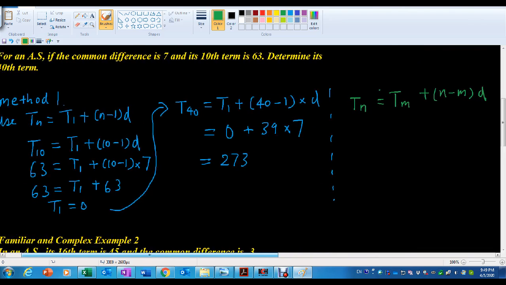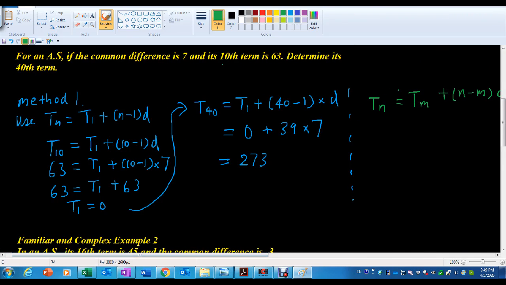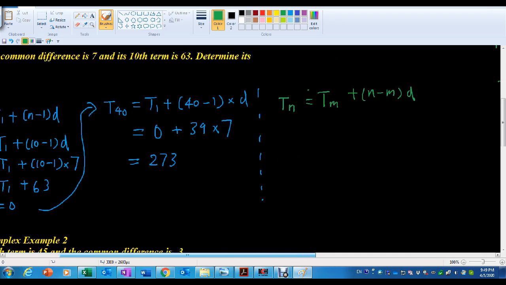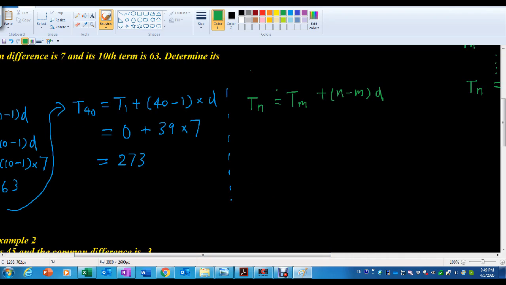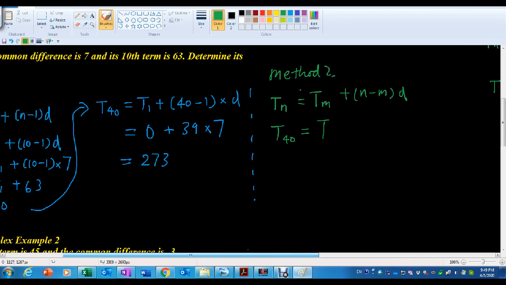You are going to find the 40th term, but the 10th term is given, right? So they give you the 10th term and you are going to find the 40th term. This is method 2. You just write n equals 40 and m equals 10.